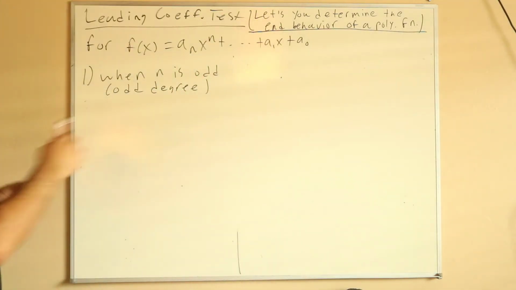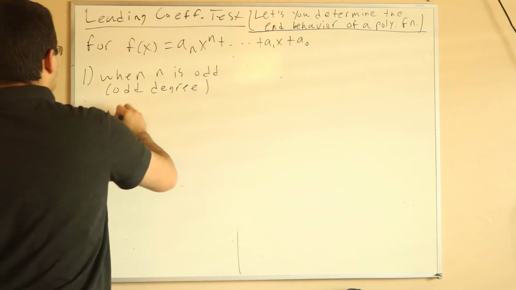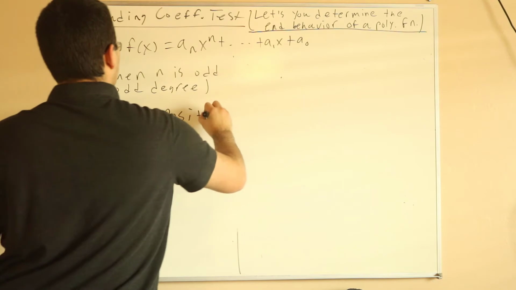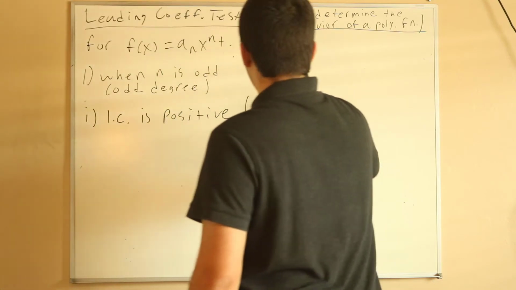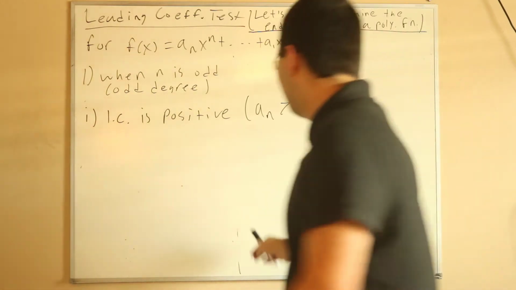So, we'll just consider the first case as a whole when n is odd. When you have an odd degree polynomial, your first subcase is when the leading coefficient is positive. So this means a sub n is greater than 0, and what happens is you get this behavior of your graph.